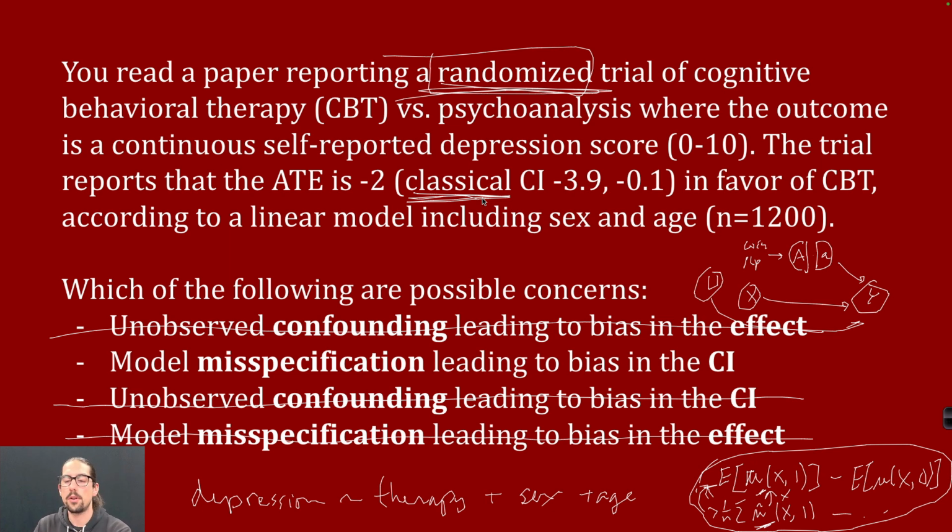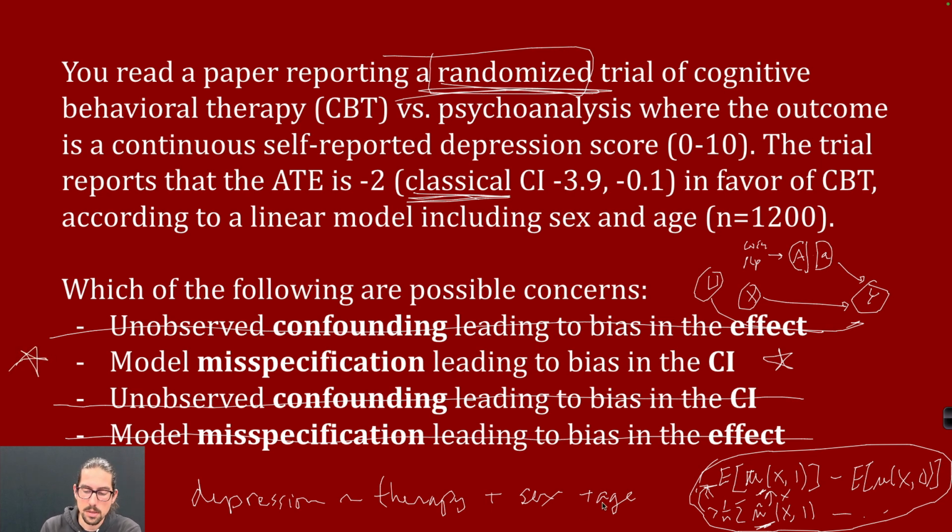So this happens whether or not it's randomized. This thing can be too small, smaller than it needs to be. It can be too big in some cases too, but generally you're worried about it being smaller than it needs to be. So this is the only one in this case that I would be worried about.